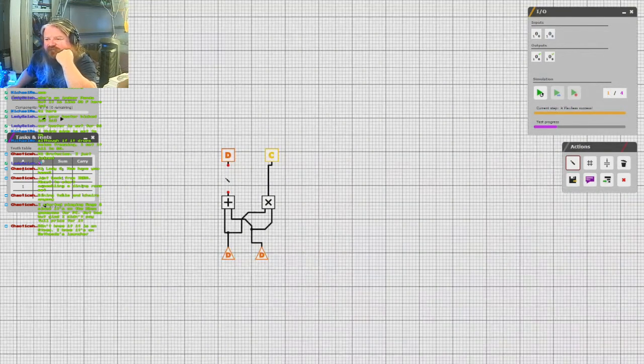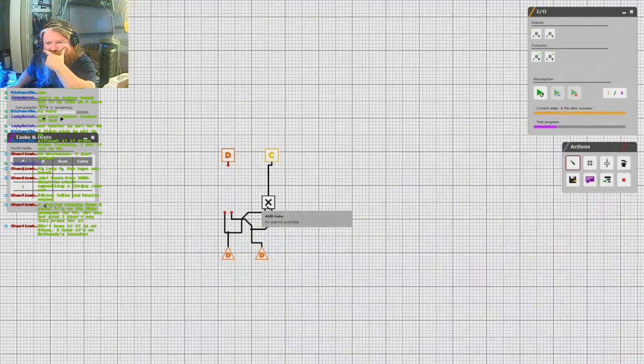So 2 logic gates and... got to think about this for a minute here.